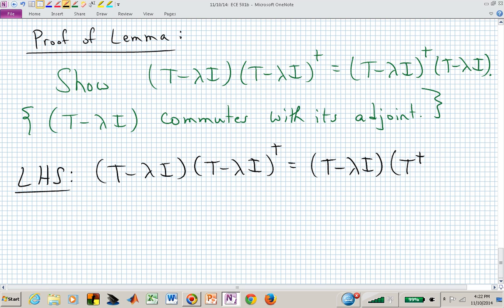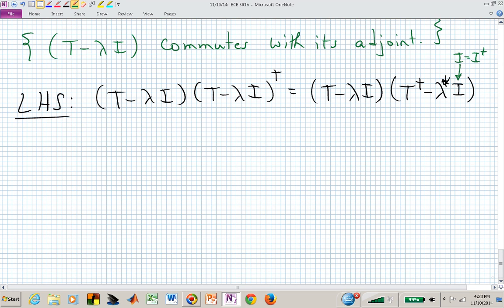Now we have to remember we're scaling it by a potentially complex number, so we just have to conjugate the scalar. The identity operator's adjoint is just the identity operator. So this becomes minus lambda star times I, which you could have written as the adjoint if we wanted, but it's equal to itself as the identity operator.